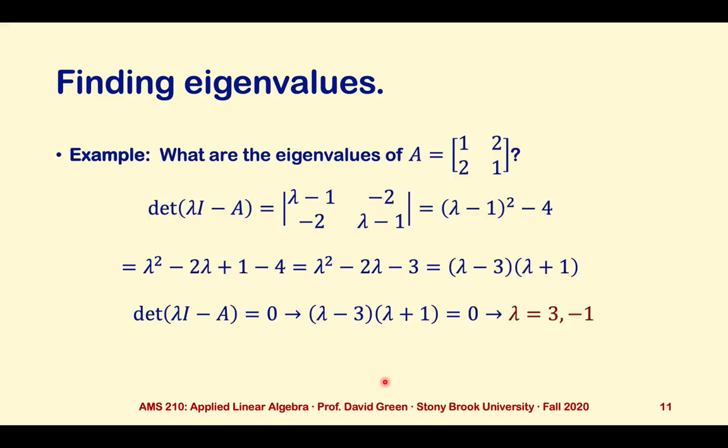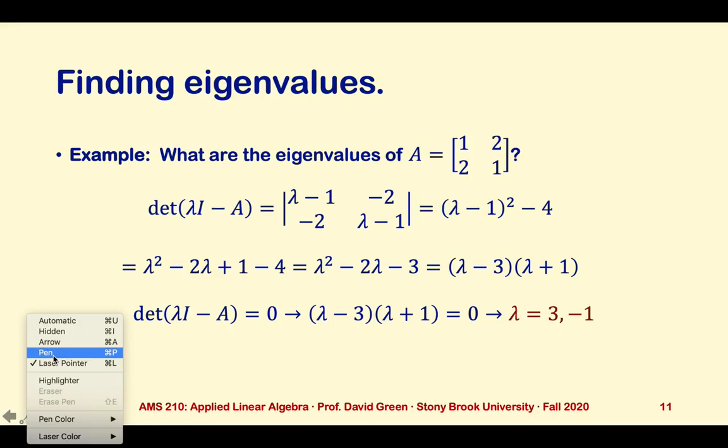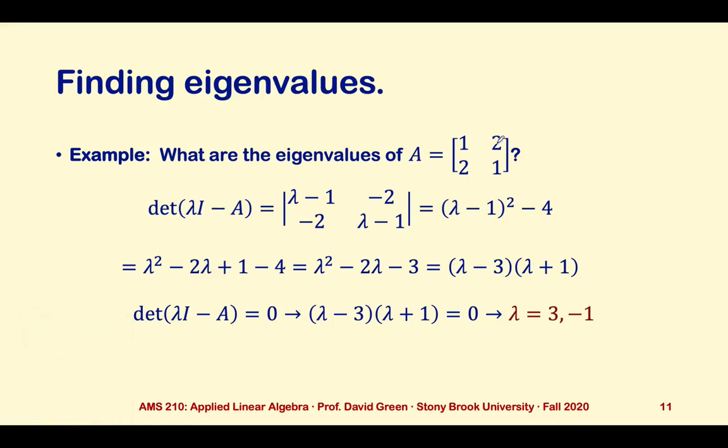I think probably the best way to get a better feel for how we use this determinant, this characteristic polynomial, is by going through some examples. So let's do that. What are the eigenvalues of this 2 by 2 matrix that happens to be square and happens to be symmetric? The first thing that we do is we want to evaluate this characteristic polynomial.